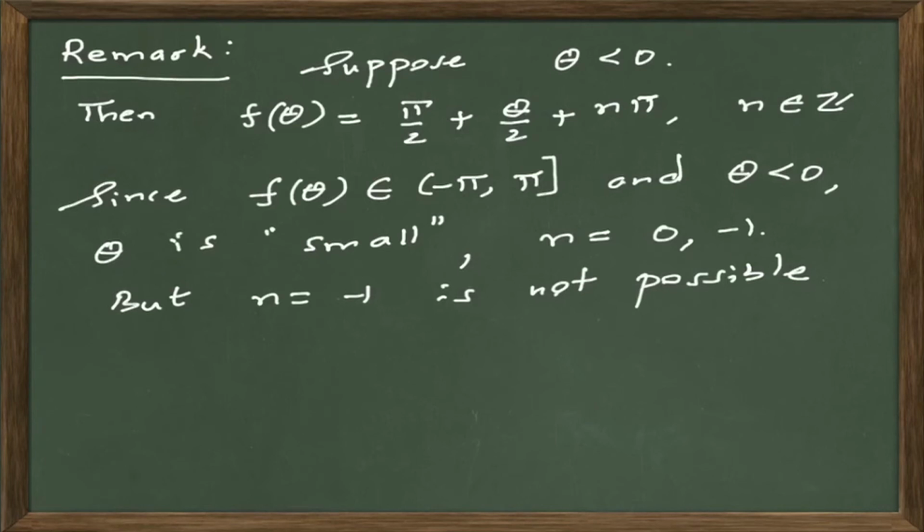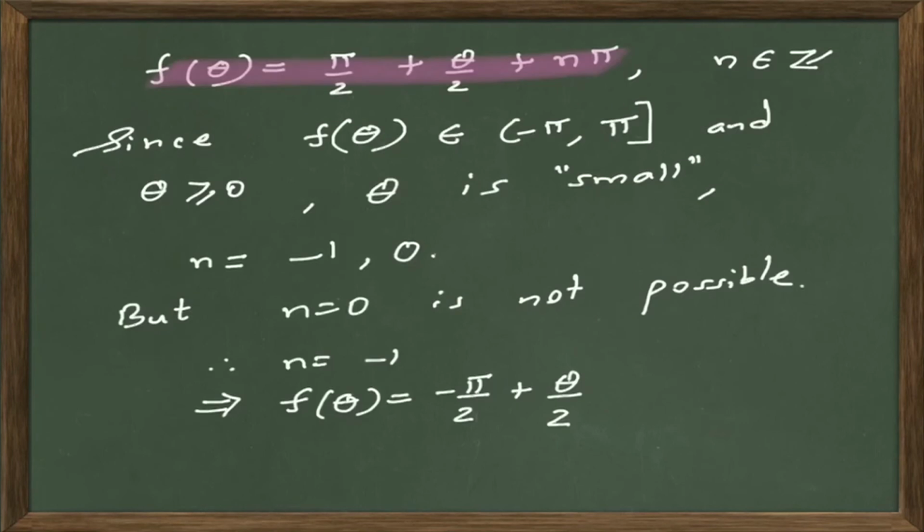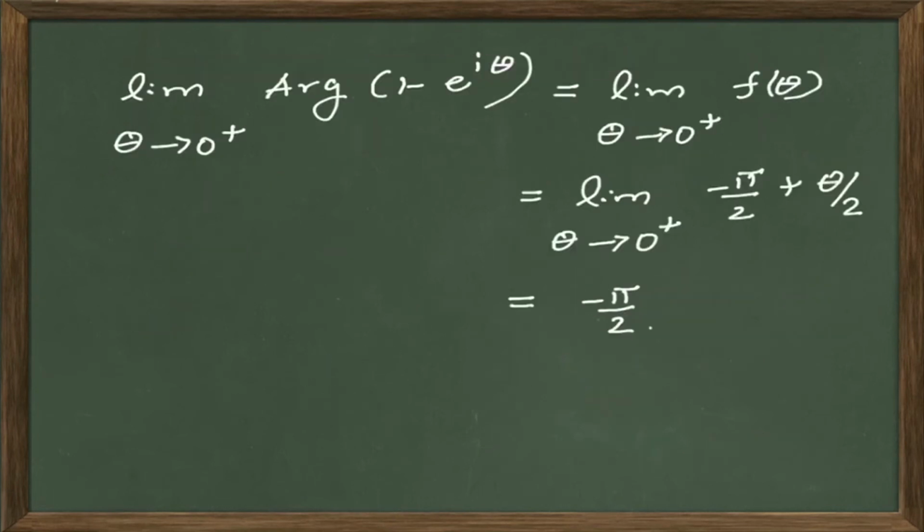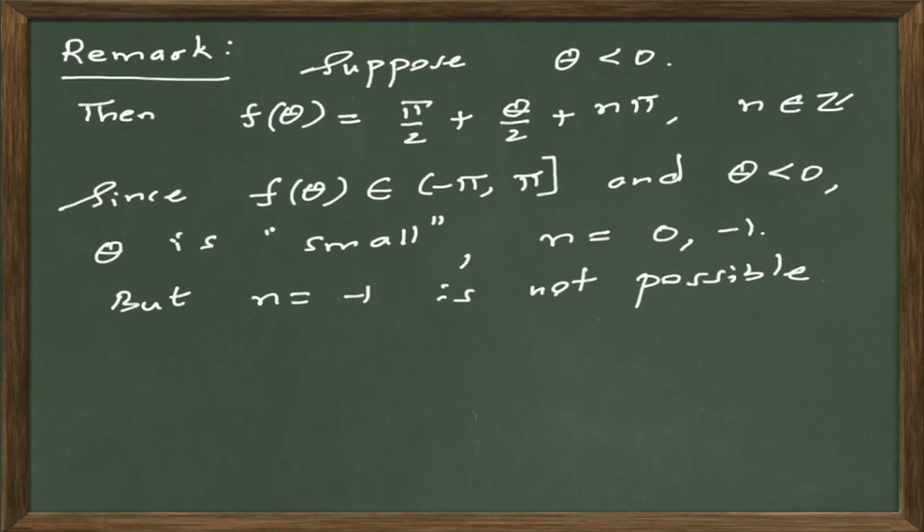Hence, for arbitrarily small values of theta, the real part of the complex number 1 minus e^(i theta) will be negative, which is not the case since the real part of 1 minus e^(i theta) is equal to 1 minus cos theta, which is always non-negative. Therefore, we conclude that in this case n is equal to 0, therefore f of theta is equal to pi by 2 plus theta by 2.